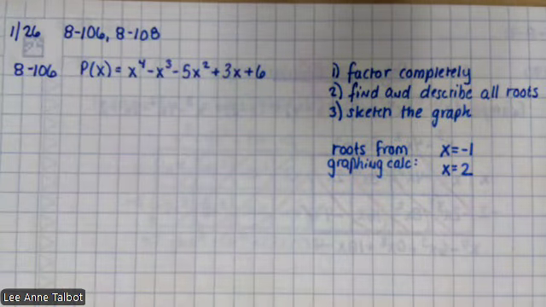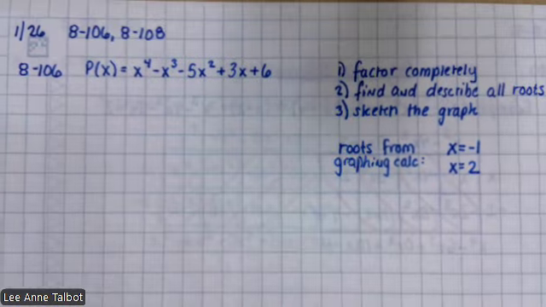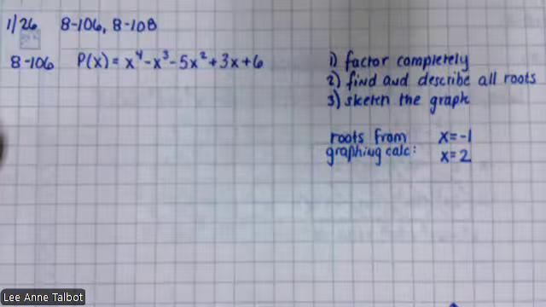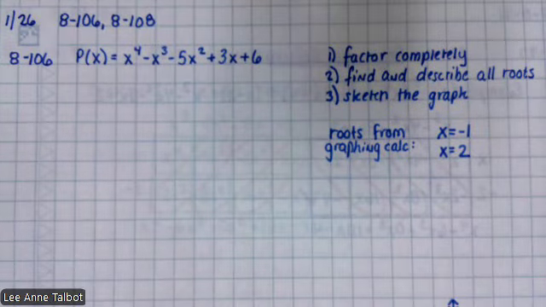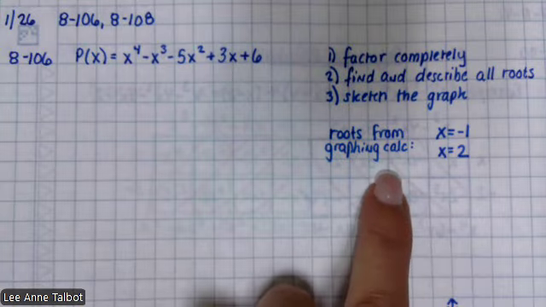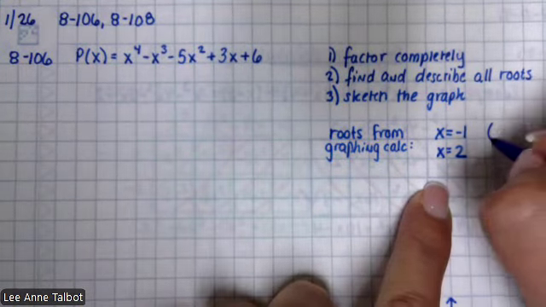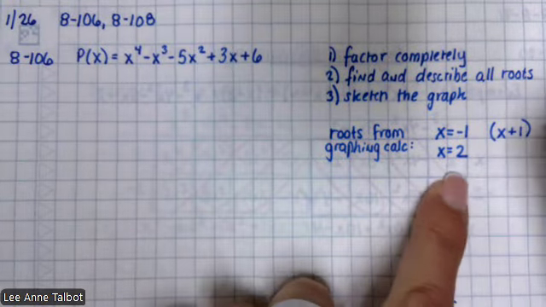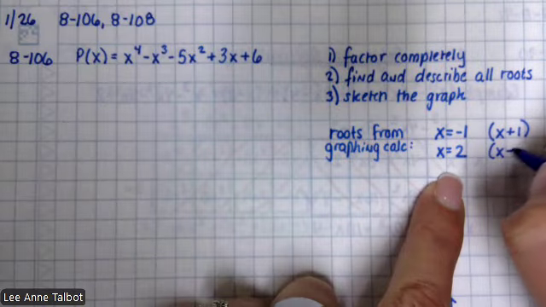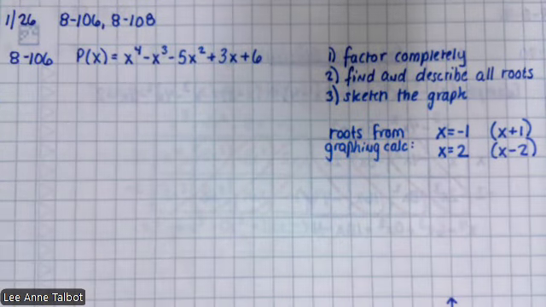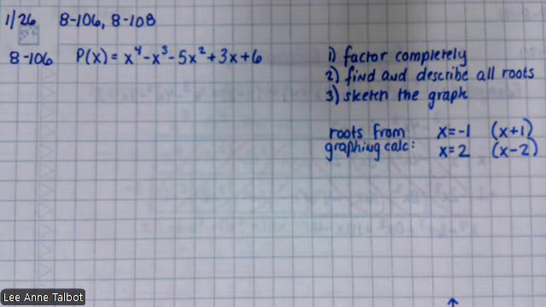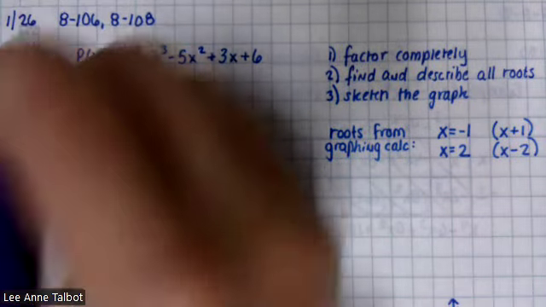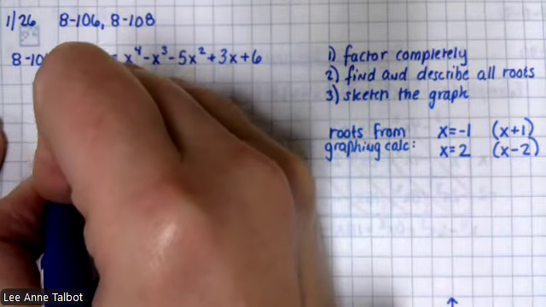So take a look at the table. It'll give you exact values. And this one, I'm going to change to the factor of x plus 1. And this one, I'm going to change to the factor of x minus 2. I think that one's going to end up being a double from the way it looks. Okay. All right, so I'm going to make a 4x2 box.